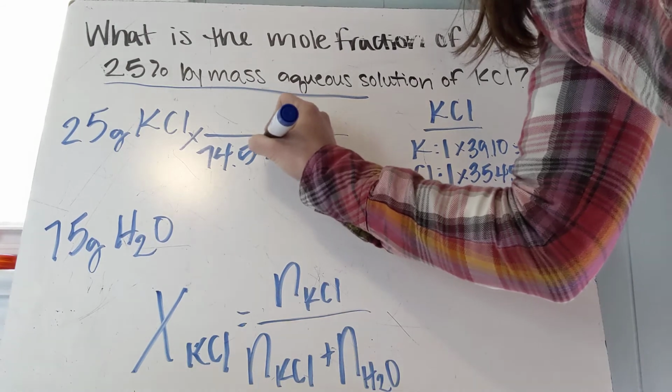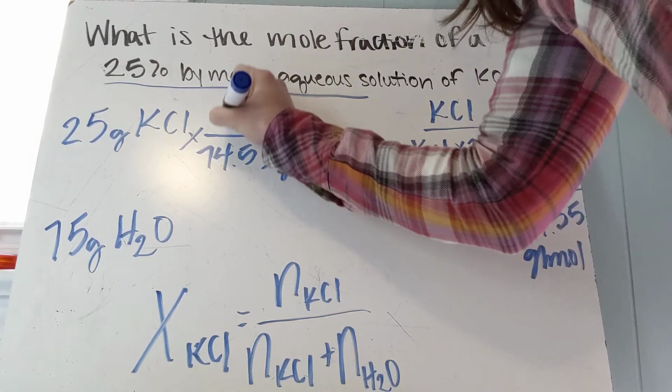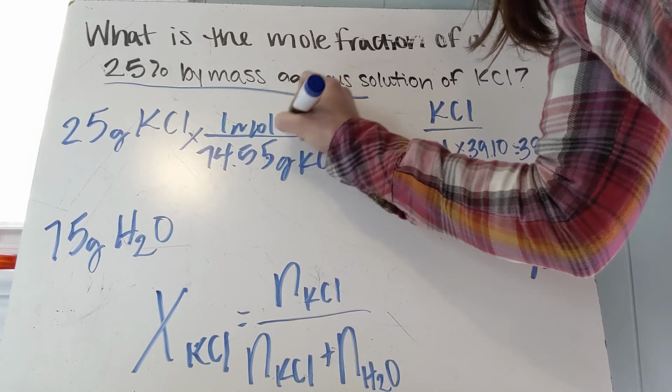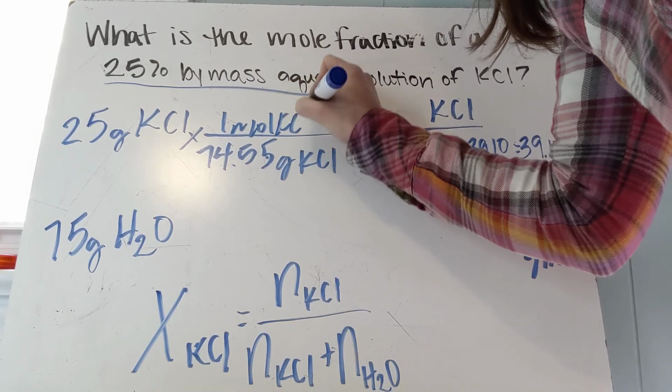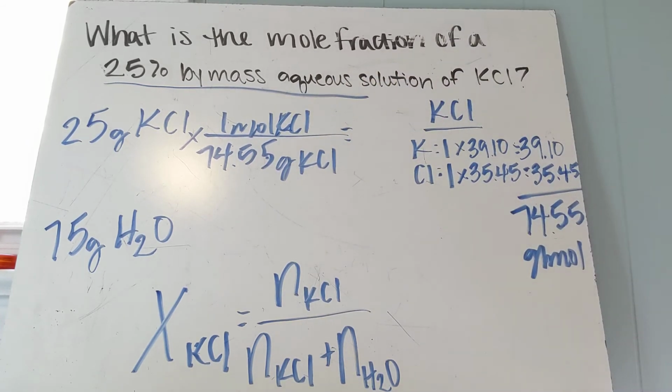So my 74.55 grams of KCl is going to go on the bottom with my 1 mole of KCl on the top. And I get 0.34.